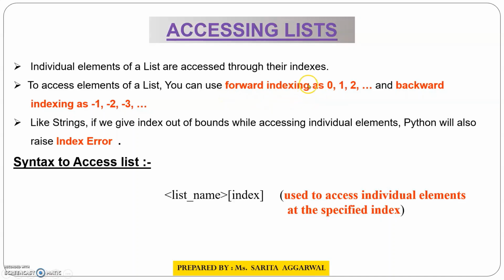Forward indexing starts with 0 and goes 0, 1, 2 up to the last index, क्या होगा? length minus 1. And backward indexing starts with -1 and goes up to minus length. Like strings, if we give an index out of range when we access individual elements, Python will raise an index error.